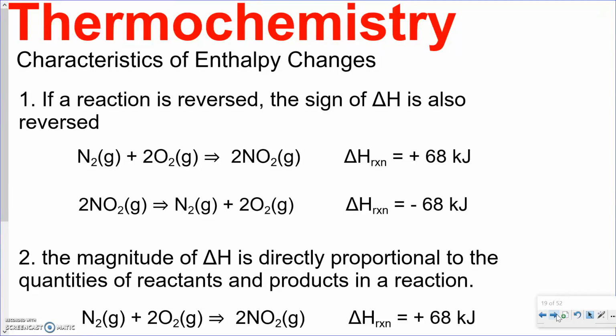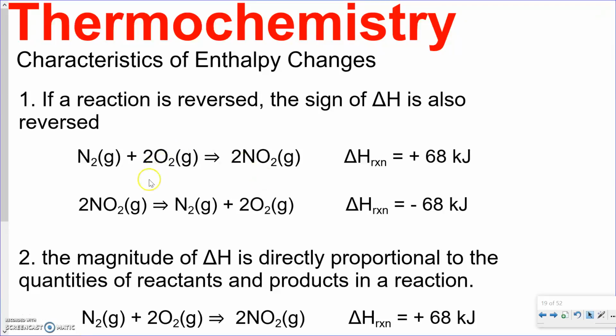Okay, so with that being said, that also means we can play with the reactions a little bit. So if I take a reaction, okay, let's say I'm looking at this guy right here, which is our nitrogen plus oxygen forming our NO2, and that's going to give us a positive 68 kilojoules. Let's say I flip the reaction. Instead of nitrogen plus oxygen, I have nitrogen dioxide, NO2, breaking down to form nitrogen and oxygen. So I've reversed the reaction.